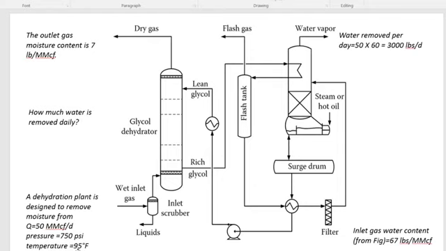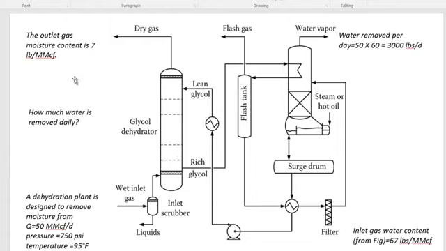Temperature 95 Fahrenheit. The outlet gas, dry gas, contains 7 pounds per million cubic feet. How much water is removed daily in this contactor?